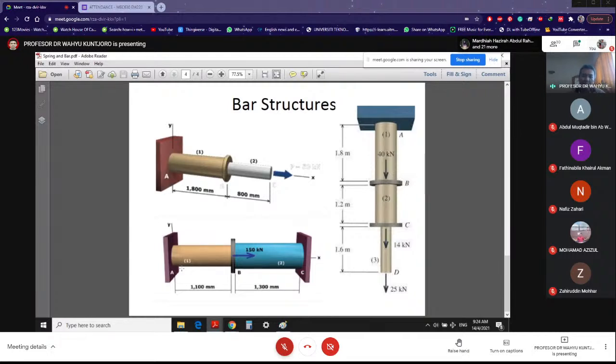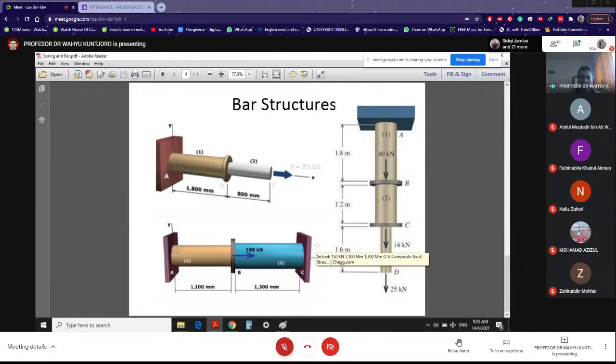So the component on the left, the axis you see is in the same axis to the load. The component on the right, the blue color, is the same. And if I say the structure itself, the axis of the structure is the same as the axis of the element, the component. And the same also to the load.